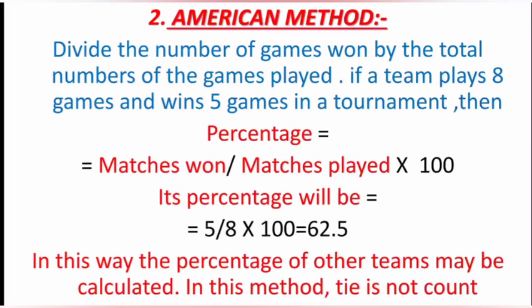The percentage will be 5 upon 8 into 100, which is equal to 62.5. So this is the percentage of points. In this way the percentage of other teams may be calculated. Ties are not counted. In this method ties are not counted, only the winning or losing matches are counted. Okay class, this is the American method.